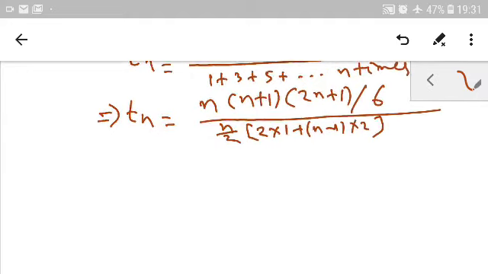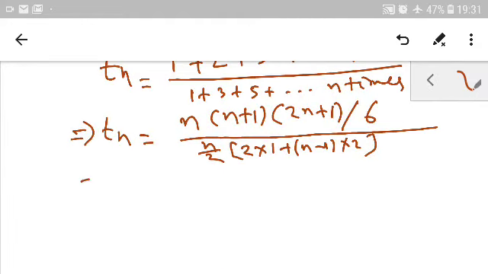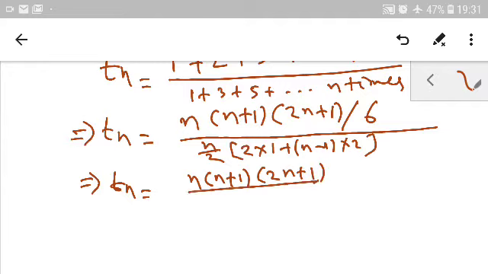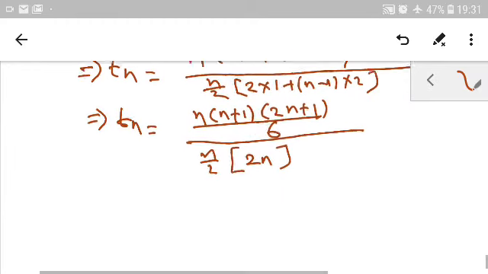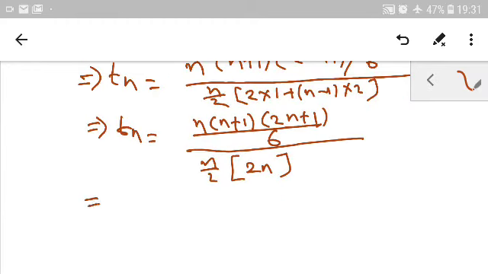Therefore I get Tn equal to n into n plus 1 whole into 2n plus 1 divided by 6, whole divided by n by 2 into 2 plus 2n minus 2, that is getting cancelled, so it is 2n.